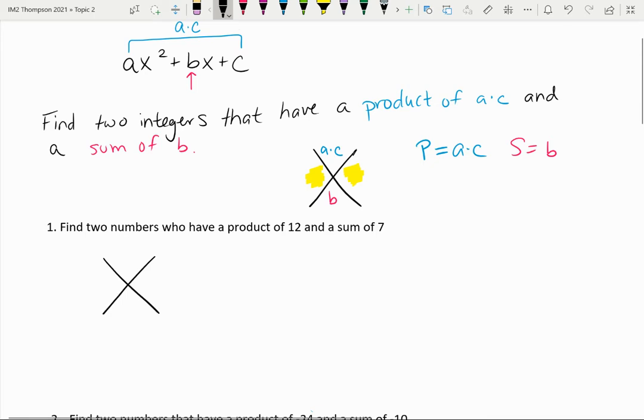So I might use this little X organizer to help me, where I'm looking for two numbers that have a product of 12 and a sum of 7. Or it would be the same thing if I just wanted to write P for product, if you're like, nah, I'm not into that whole little X, and S for sum, and I want a sum of 7. So you could write it either way. You'll see different instructors do it different ways.